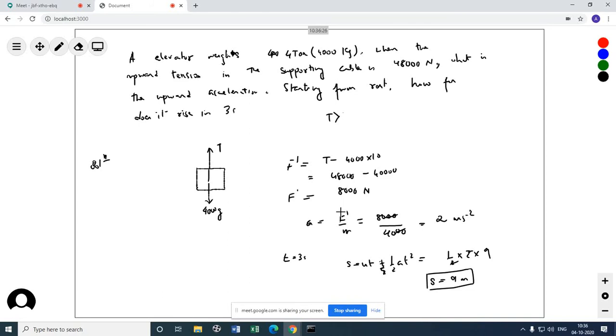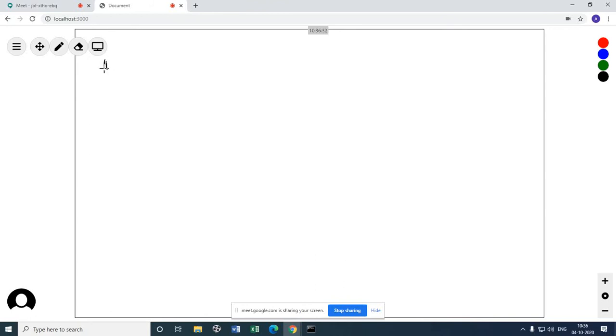May I clear it? Yes, sir. This is your homework. An elevator weighs 800 kg.